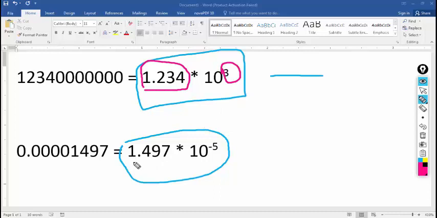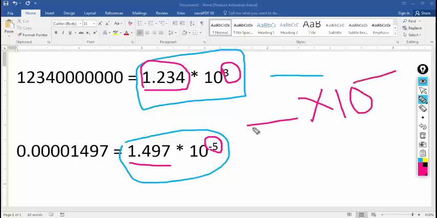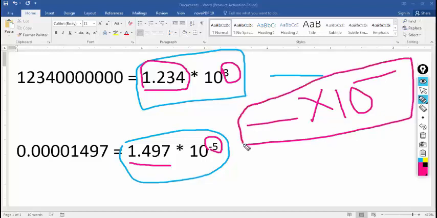Similarly, in the second number, this part is known as mantissa and this part is known as exponent. Okay, so what is a number in the scientific notation? It must have a mantissa multiplied by 10 to the power of some exponent. Okay, so this is how scientific notation is written for a number.